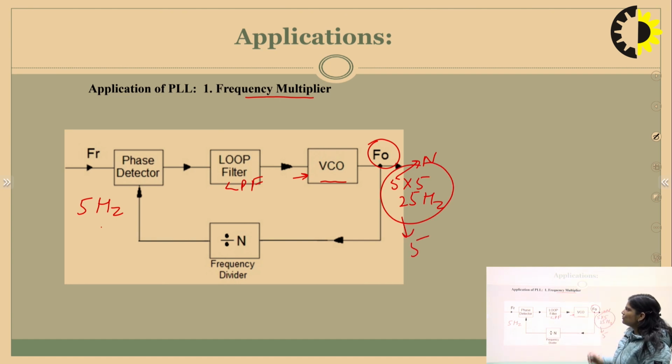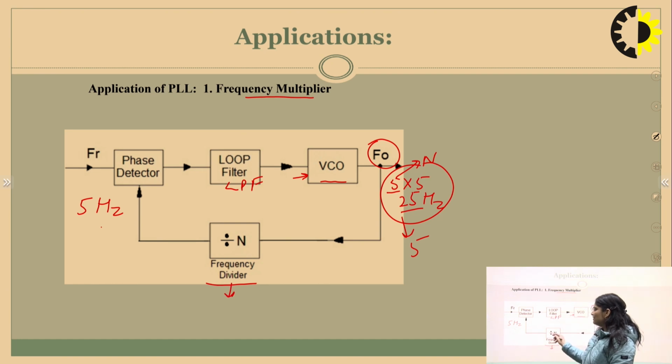But if we are using the frequency multiplier application, the frequency is 25. So, what is the method for matching the output frequency with the input frequency? We apply a frequency divider in the feedback, dividing by N, which is the number by which we are multiplying. By using this method we can match the output frequency with the input frequency, and this is the purpose of this PLL.